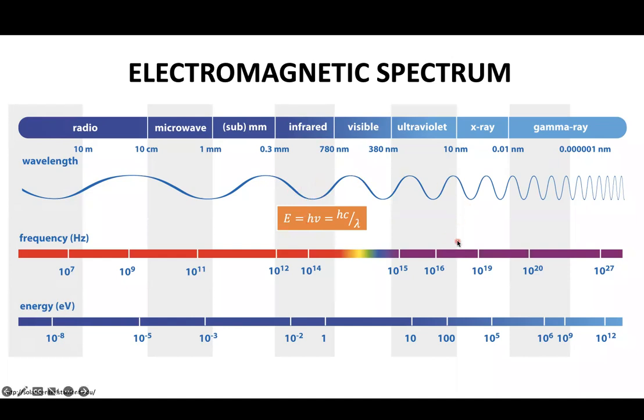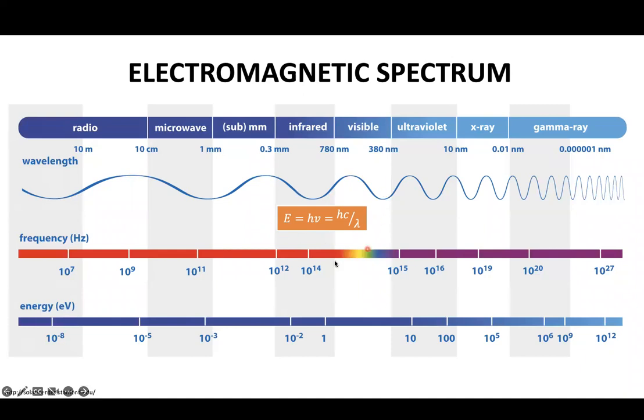So you can see that the smaller the wavelength, the higher the frequency and the higher the energy. And the larger the wavelength, the smaller the frequency and the smaller the energy. So this is the relationship between the wavelength, frequency, and energy.